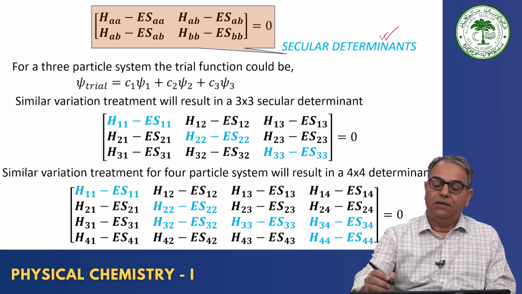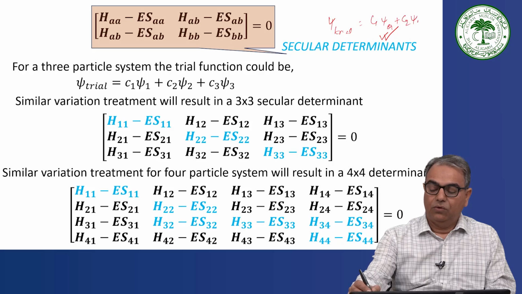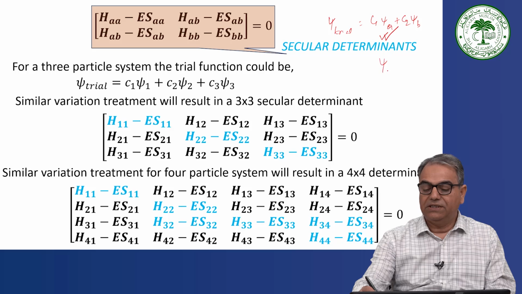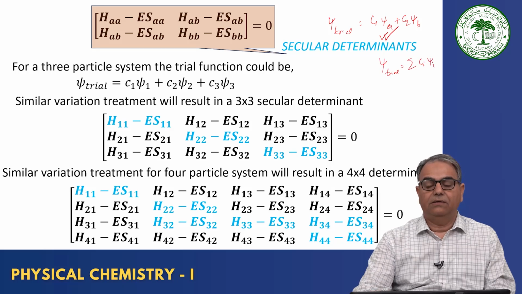This we obtained when we have taken the psi trial as C1 psi A plus C2 psi B. You can change this. What the linear variation treatment is, is that psi trial you can take as a summation of Ci psi i.